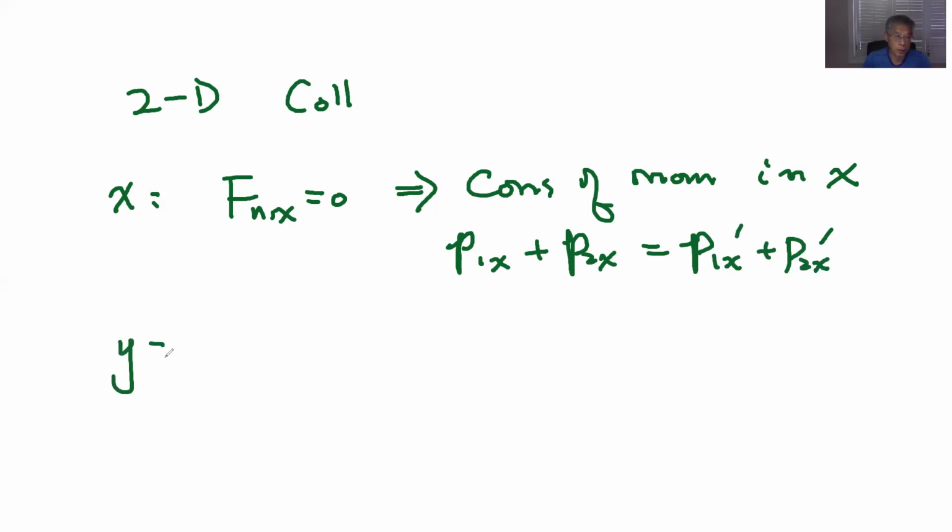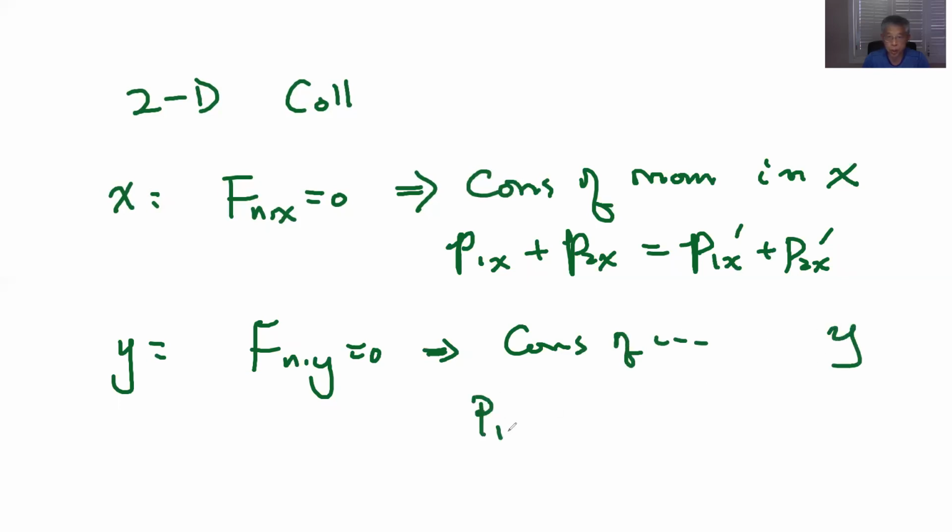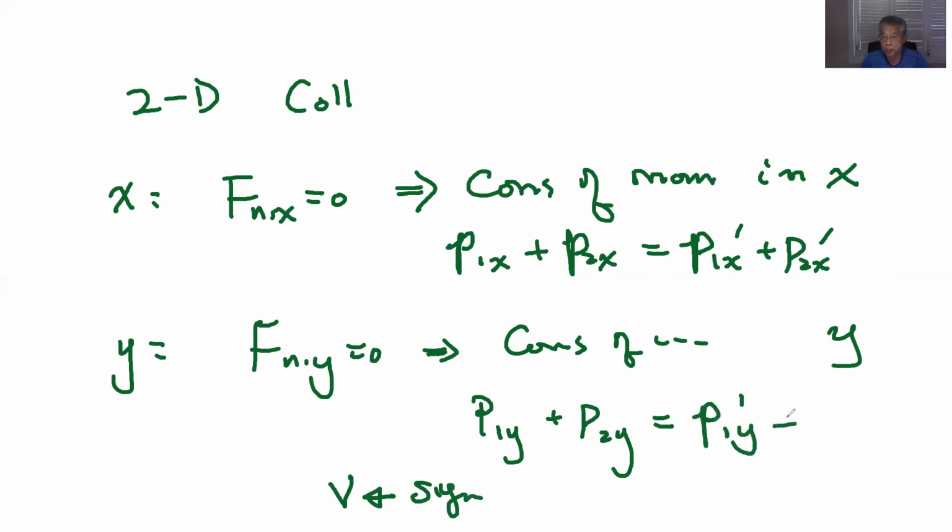In the y direction, you do similar things, right? The net force in the y direction is 0, then you have conservation of momentum in the y direction. So now you have P1y plus P2y equal to P1y prime plus P2y prime. Remember, you've got to watch out for the sign of the velocity. Be careful with that.